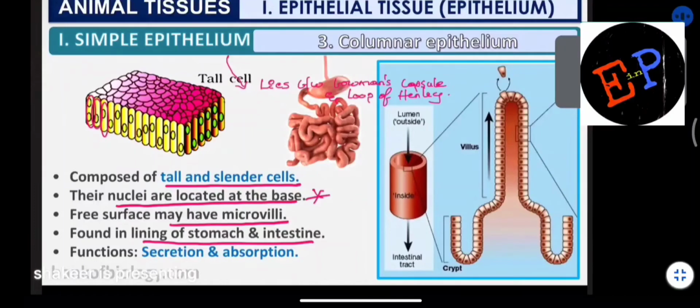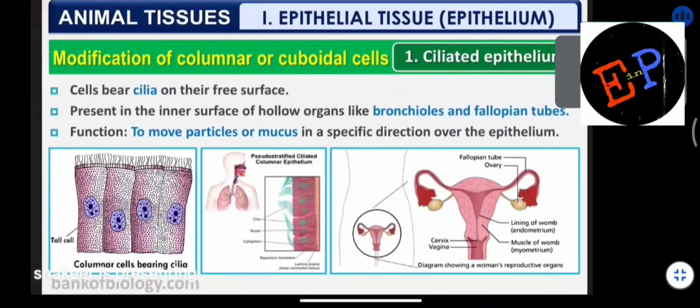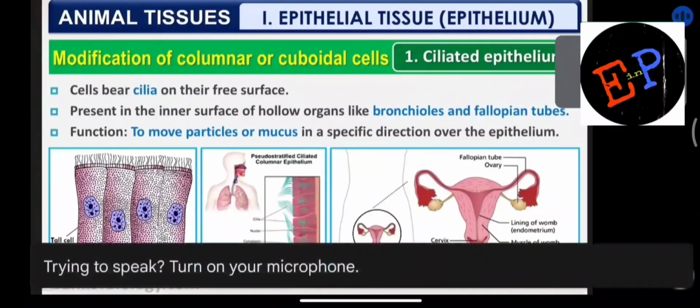So the inner layers of the stomach as well as the intestine are made up of simple epithelium. And what kind of simple epithelium? Columnar simple epithelium. Clear? And what is their function? The function of columnar epithelium is also secretion as well as absorption. Clear? That's it.